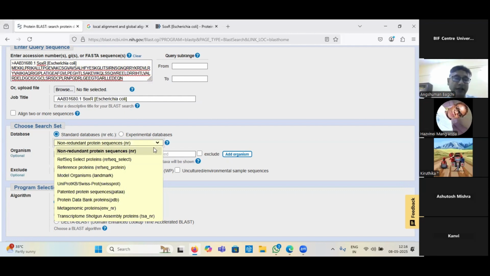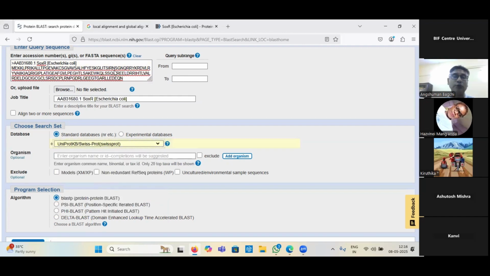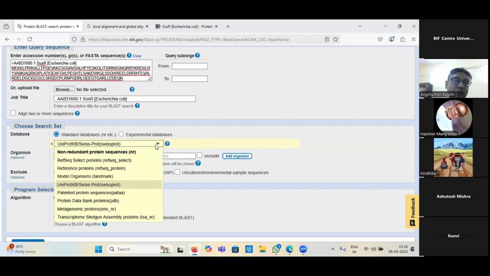You can search that UniProt also, because if you click here, you can select UniProt. So you can search this sequence against the sequences that are present in UniProt. In this case, this is your query sequence and the target sequences are present in UniProt, but it is definitely your choice. You can use UniProt or you can use non-redundant. It depends on the experiment that you want to conduct.